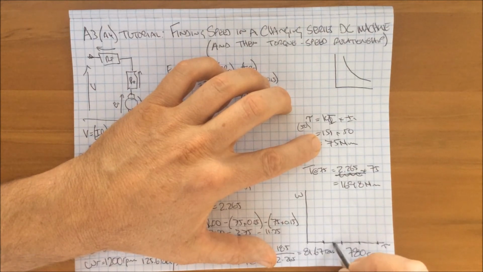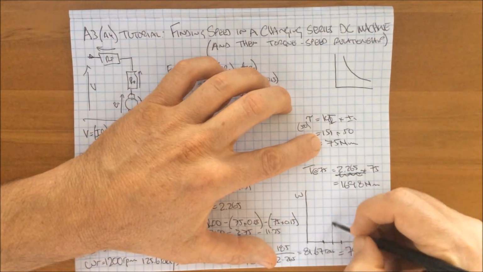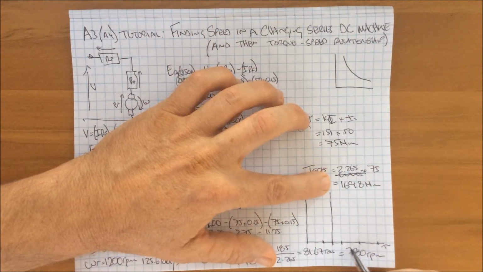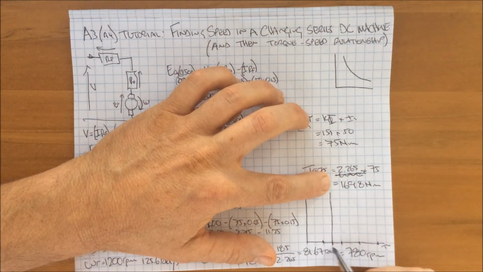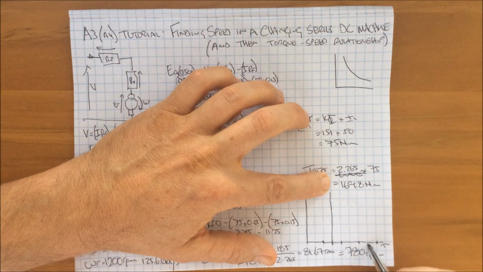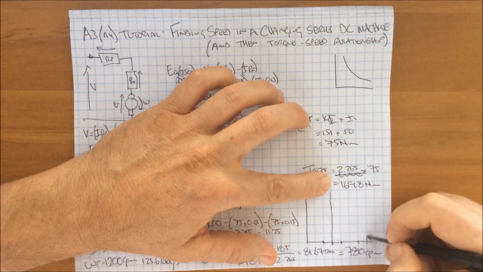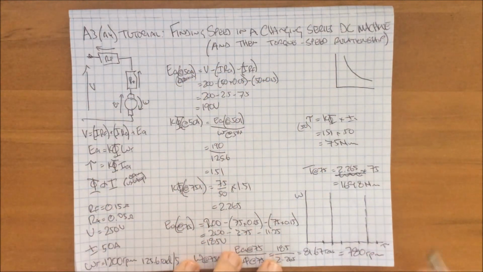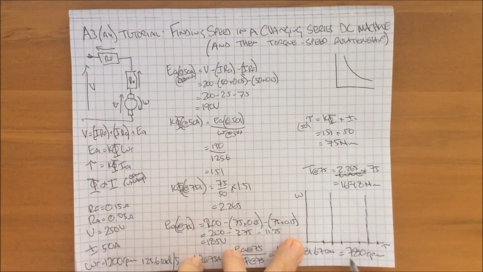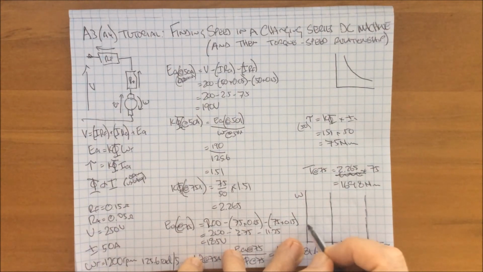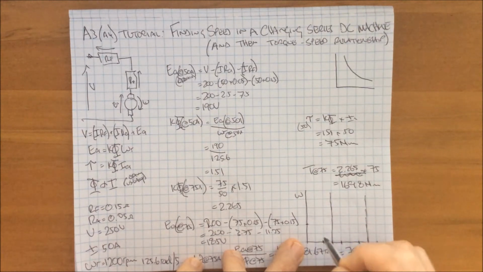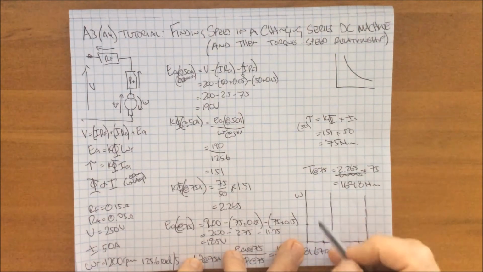Our first torque measurement is here at 75, and our second one here is 170. So 50, 100, 150, 170, it's about here somewhere. And our two speeds were 780 and 1,200.